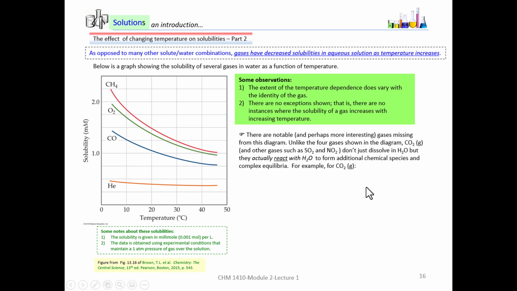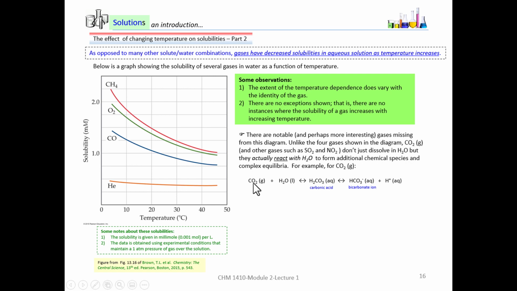So for example, when carbon dioxide goes into water, it doesn't simply form aqueous carbon dioxide. It can undergo a reaction with water molecules to form carbonic acid, which then turns out to be in equilibrium with a small amount of bicarbonate and hydrogen ions.